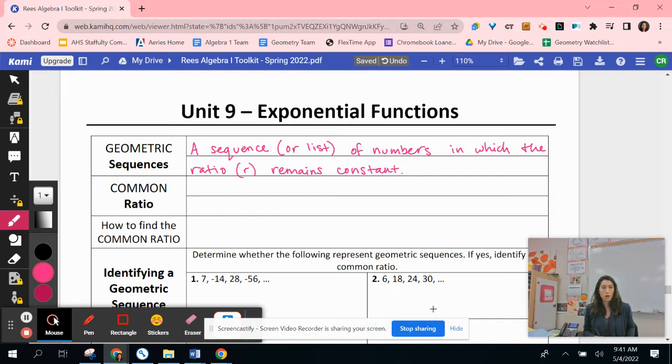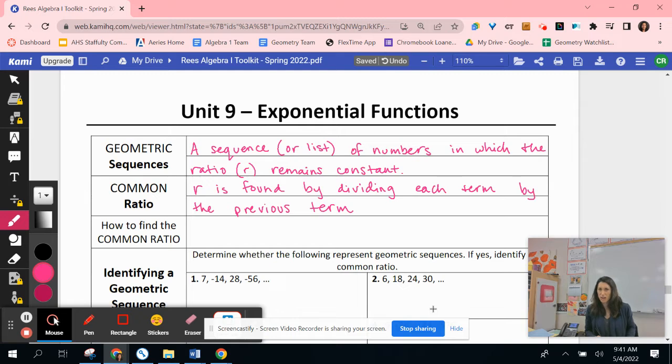Okay, our common ratio r is found by dividing each term in the list by the previous term. Okay, and so we have here how to find it.